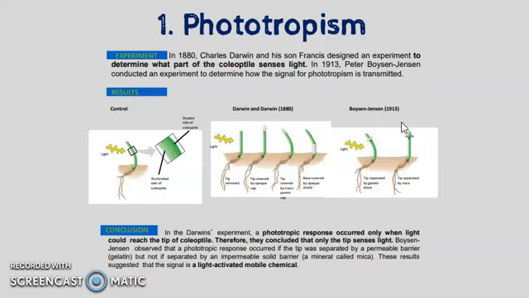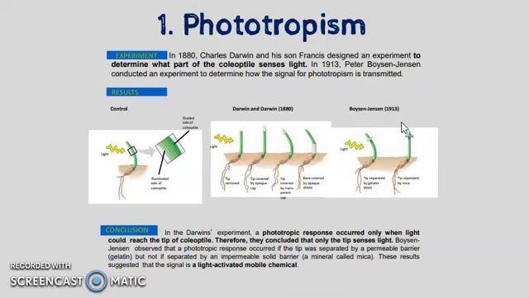Charles Darwin and his son found that covering the tip with an opaque cover prevented the bending of the plant toward the source of the light. They also determined that the bending of the stem toward the light occurs lower, below the tip.